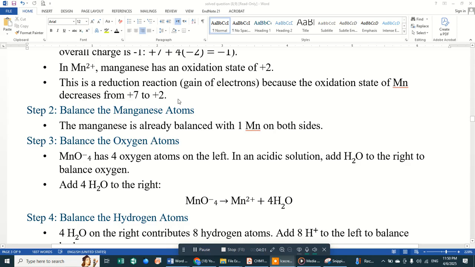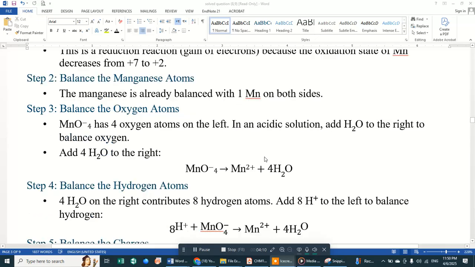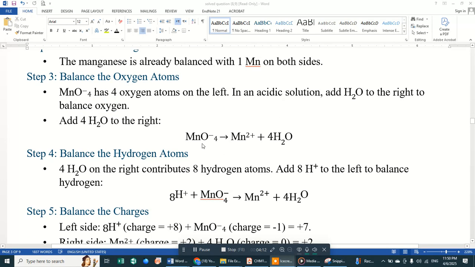After understanding the oxidation state, we balance the atoms on both sides of the reaction. First of all, see that on the right-hand side and left-hand side, manganese is 1 and 1, but on the left-hand side there are 4 oxygens.